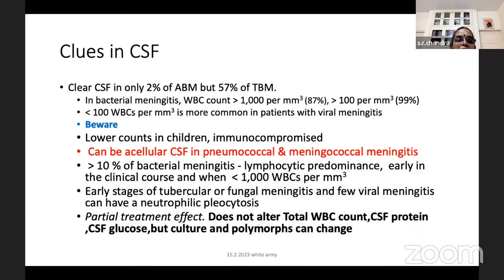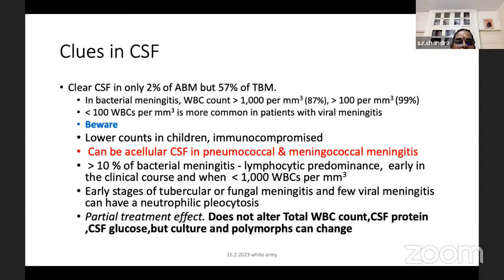And clear CSF is very rare in acute bacterial meningitis. If clear CSF is there, it is more common in viral meningitis or sometimes even tuberculous meningitis, but it is very rare in acute bacterial meningitis. In bacterial meningitis, the WBC count is usually very high, nearly 1,000, or a small proportion only will have lower counts.